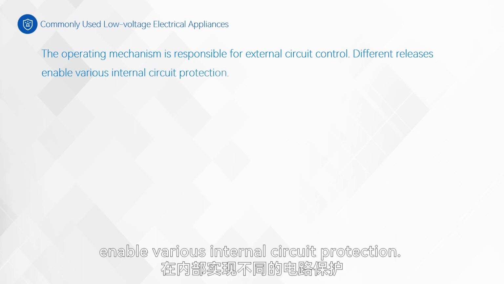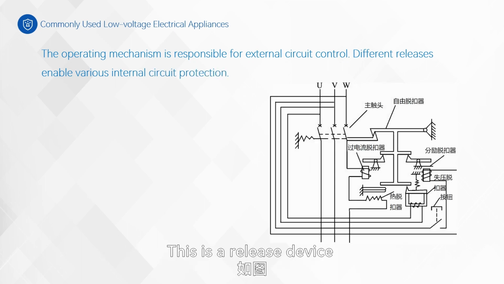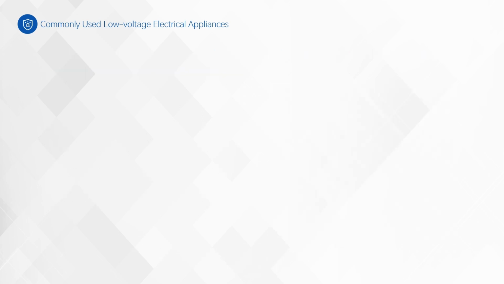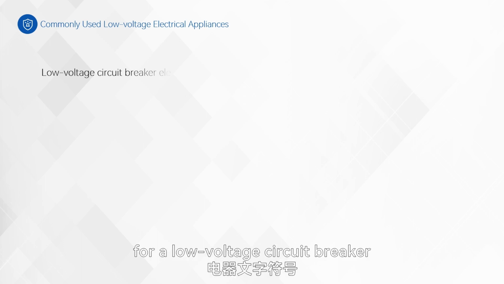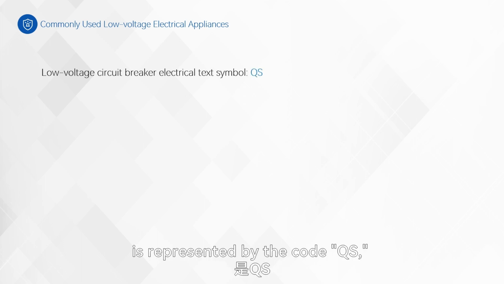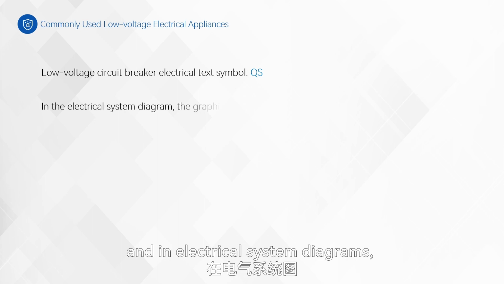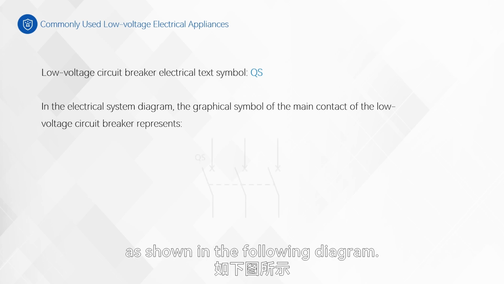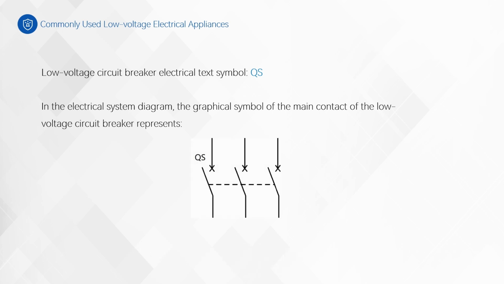Different releases enable various internal circuit protection. This is a release device along with a detailed explanation as you can see. The electrical symbol for a low-voltage circuit breaker is represented by the code QS, and in electrical system diagrams, it is typically depicted using its normally open contact as shown in the following diagram.